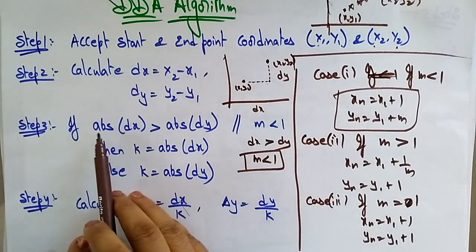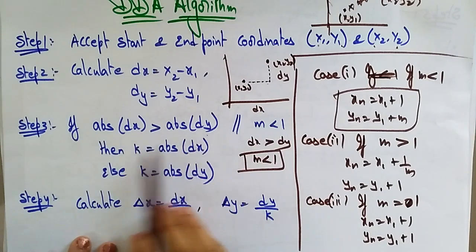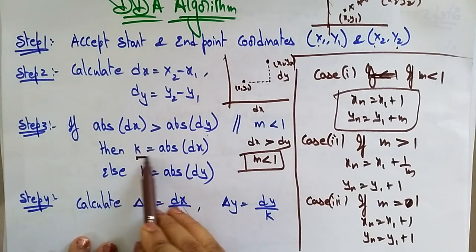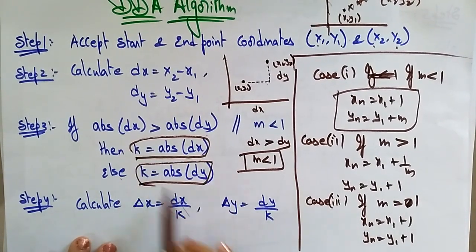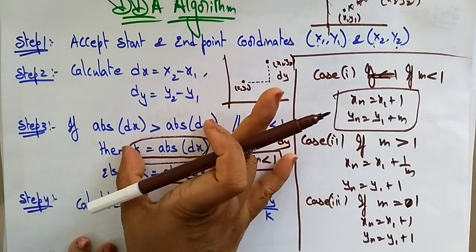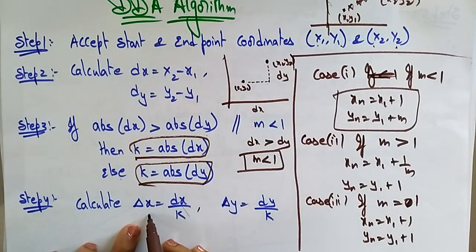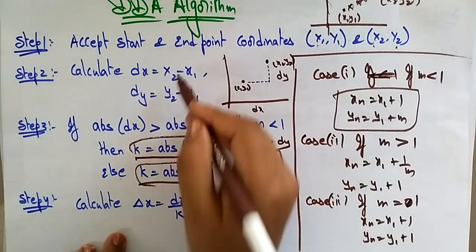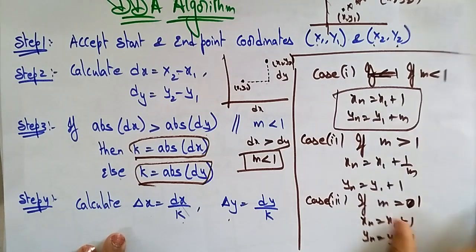So if the absolute of dx is greater than the absolute of dy, then k becomes the absolute dx, else k becomes the absolute dy. You proceed based on that condition. After that, calculate delta x equal to dx by k, and delta y equal to dy by k.